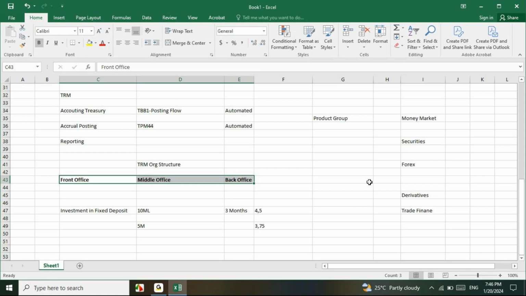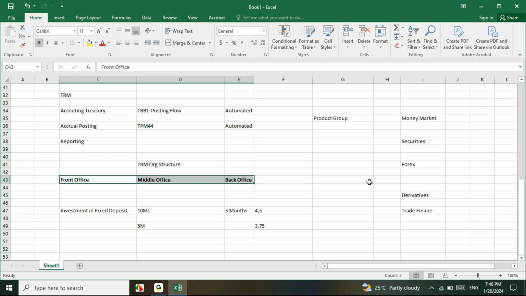So after the settlement is done, only then will the system allow accounting posting, and all these things can be performed with the help of roles and transaction code access. So for the front office team, we only give some transaction access.